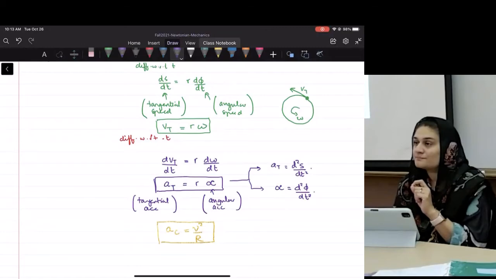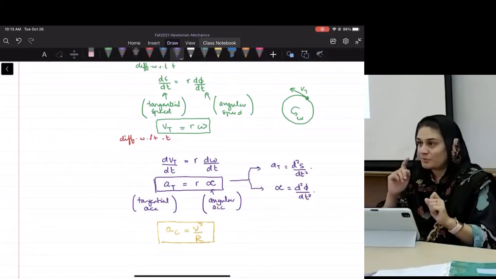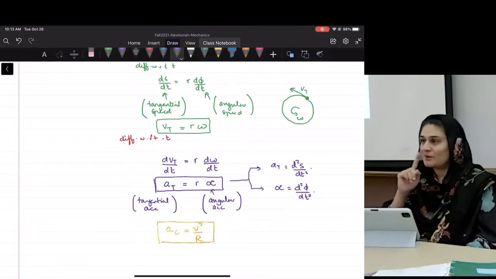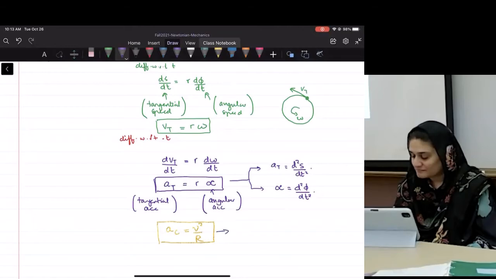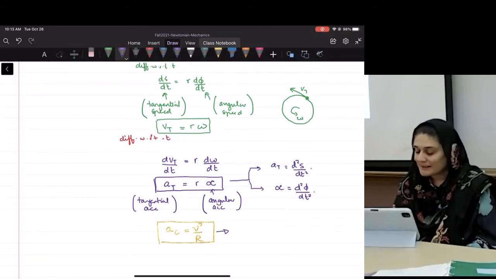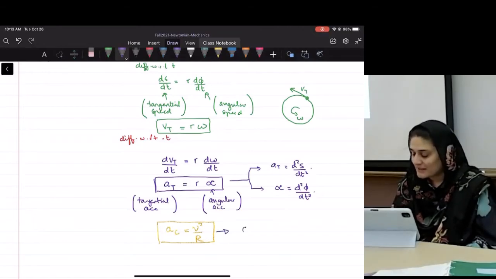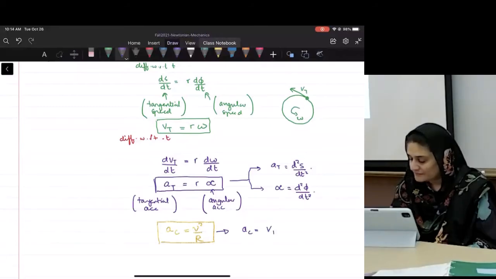What's the difference between the angular acceleration and centripetal? So here, good point. Let me do one other thing, and it may help explain it. So this one, can I rewrite this as a_c equals Vt squared over R?